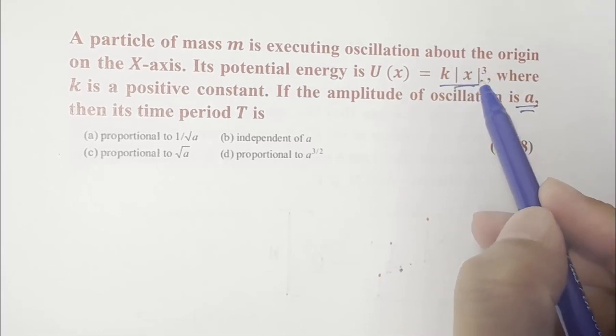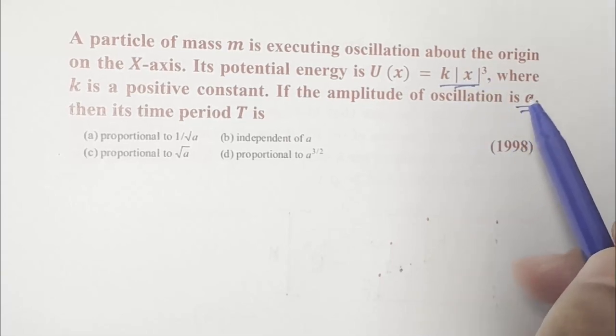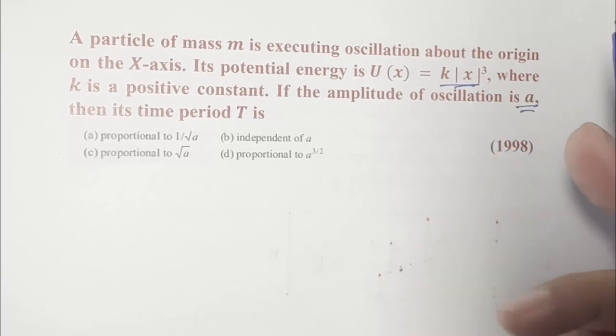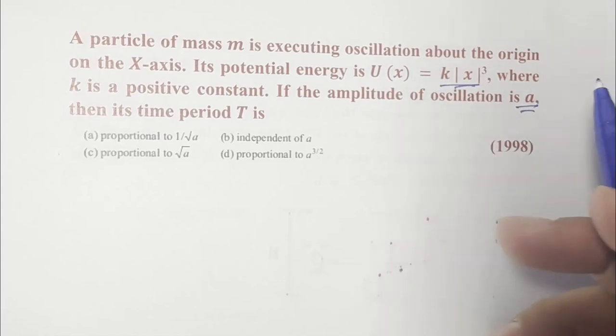Now if we derivate this modulus, we have to do it in two parts. First we take x as positive, and the derivative comes as 3x square. In the second case we take x as negative, so its derivative comes as minus 3x square.